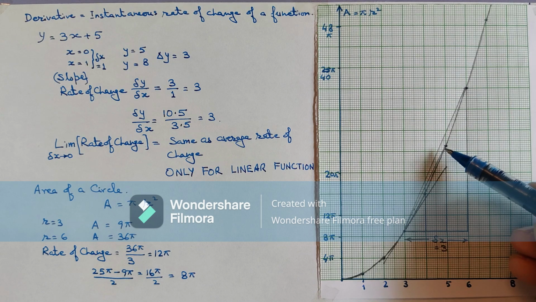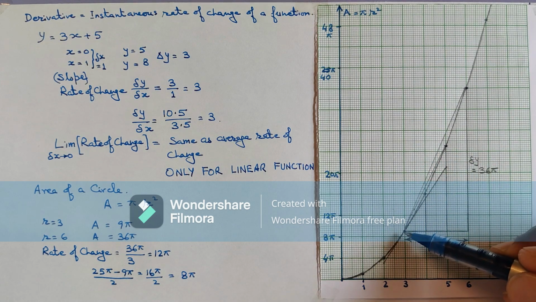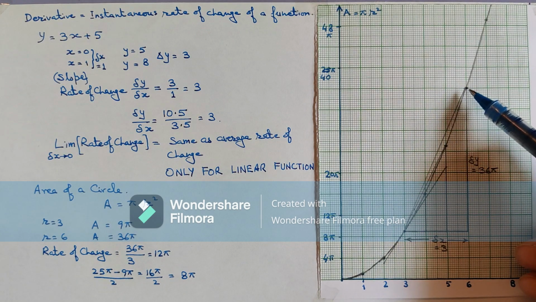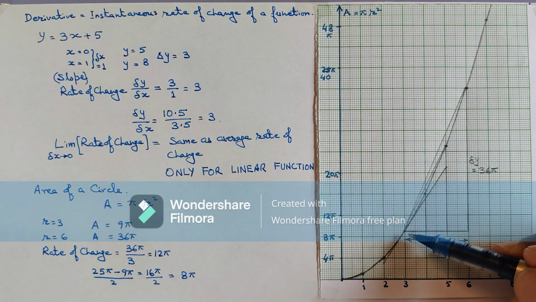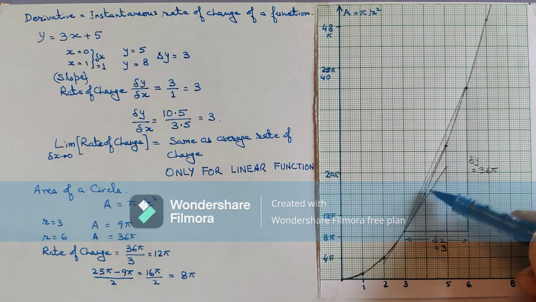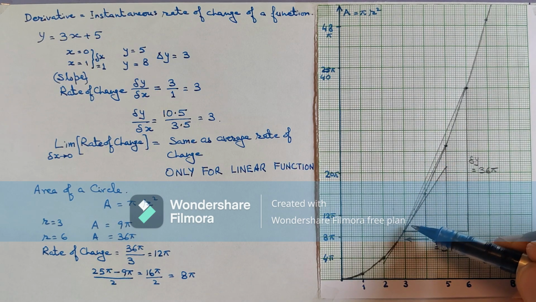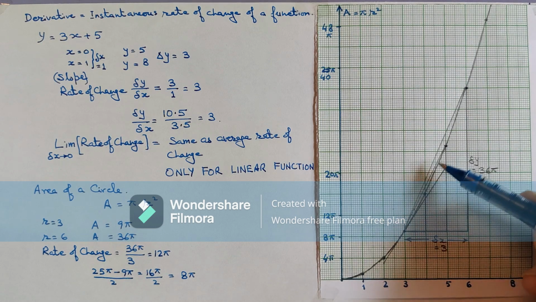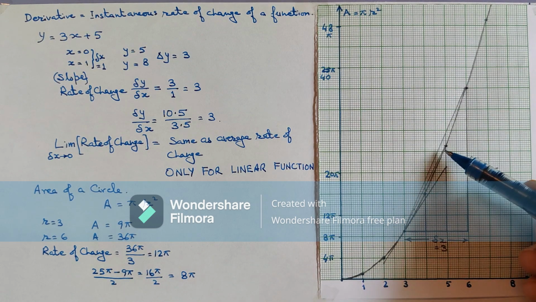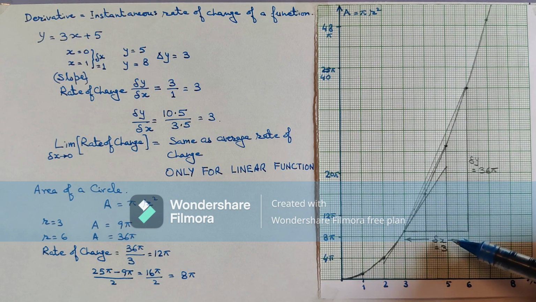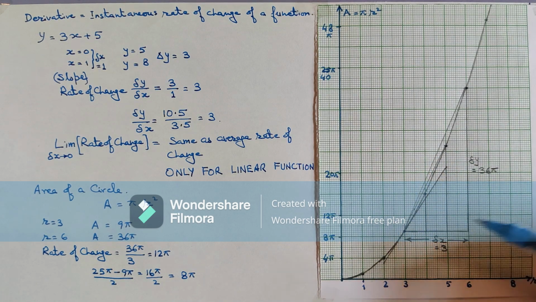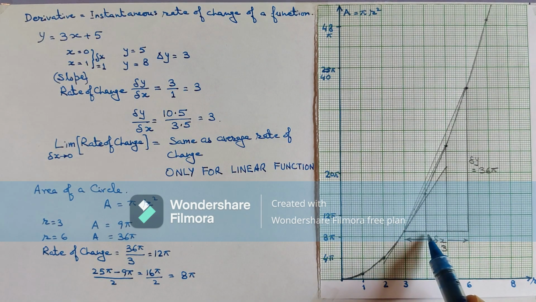In the previous case, it was the slope of the straight line joining this point and this point. So as I bring my points closer, the straight line changes. It is called a chord of a curve. It does not coincide with the curve. It goes straight from one point to another point, and this time my average rate of change is the slope of this line. I can bring this closer.